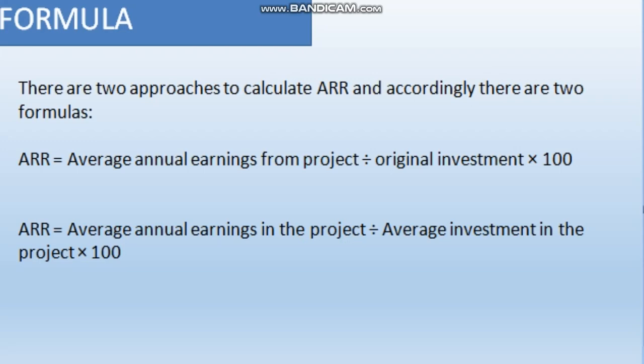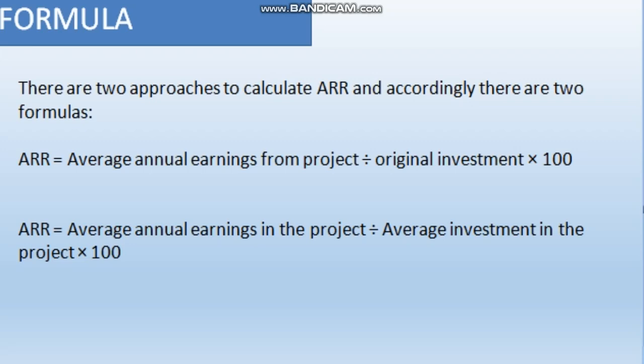Before going to the problem, for calculating average rate of return, there are two different approaches and accordingly there are two formulas. ARR, average rate of return, is equal to average annual earnings from project divided by original investment into 100.